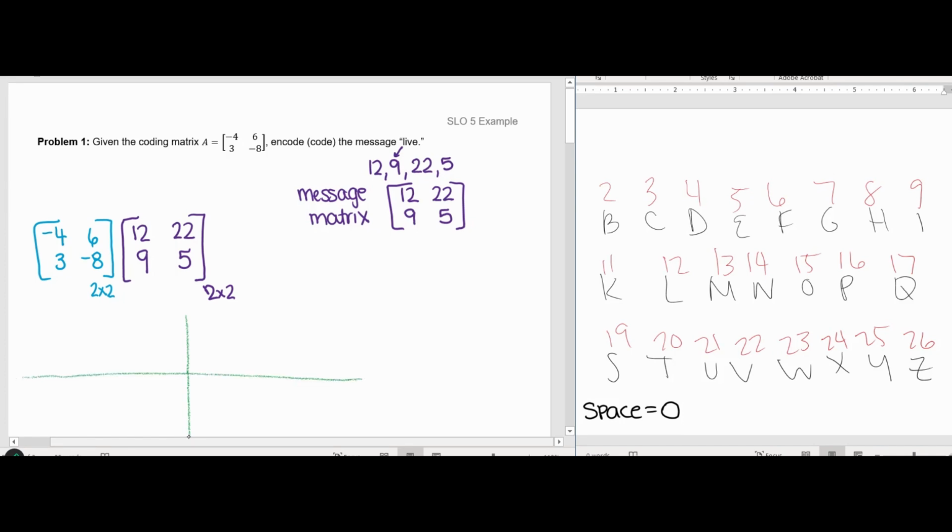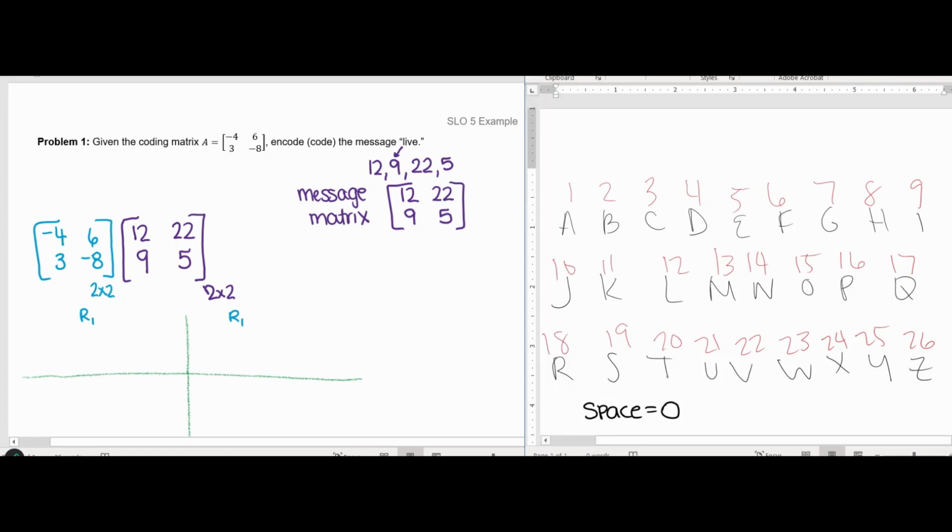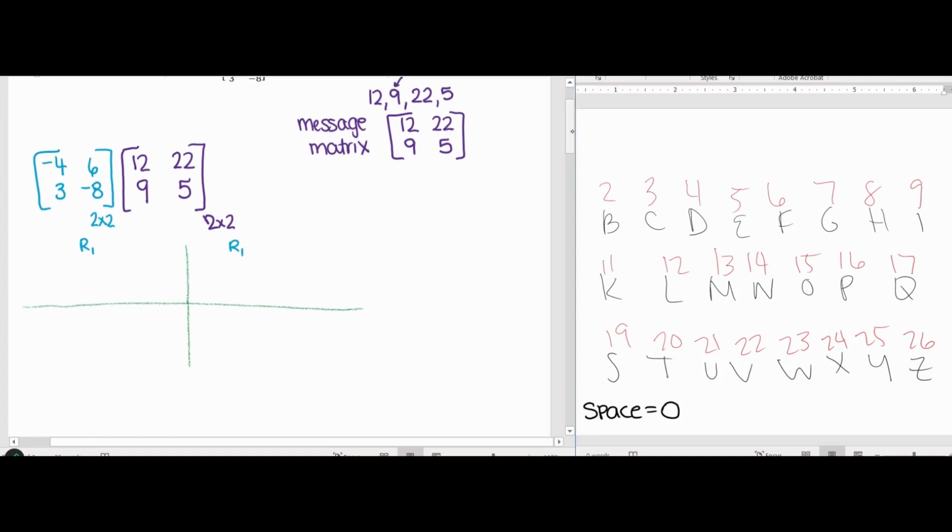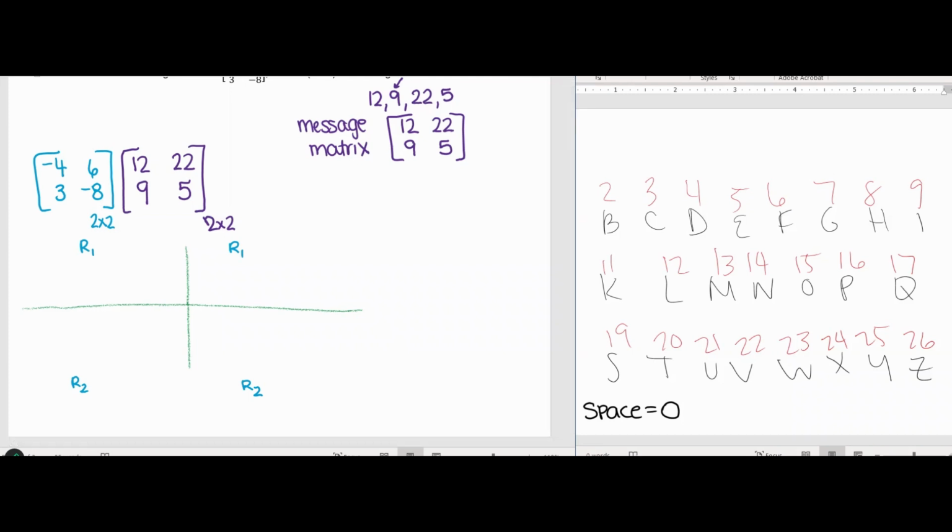Okay. You don't have to do this setup, but it does help a lot of students. Go ahead and label our rows. We have row 1, then we have row 2 down below. And then if we look at the columns, we have column 1 and column 2. Okay.